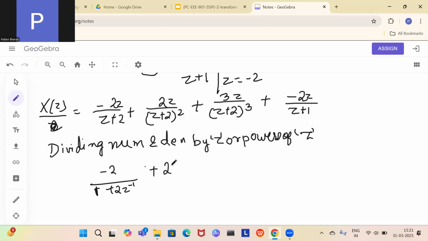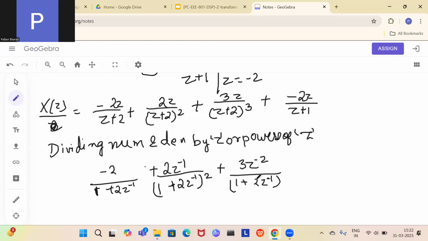So 2 z to the power minus 1 will come here, and this one will be (1 plus 2 z inverse) whole square. Same way here, we will divide by z cube. Then 3z to the power minus 2 divided by (1 plus 2 z to the power minus 1) whole cube.